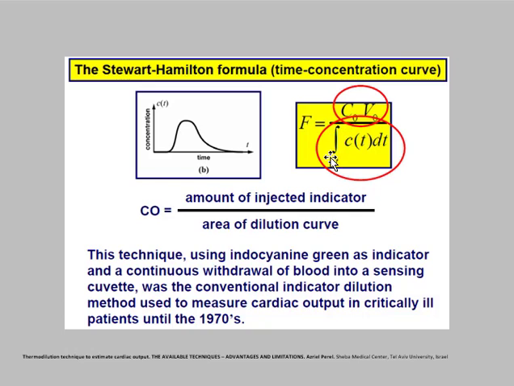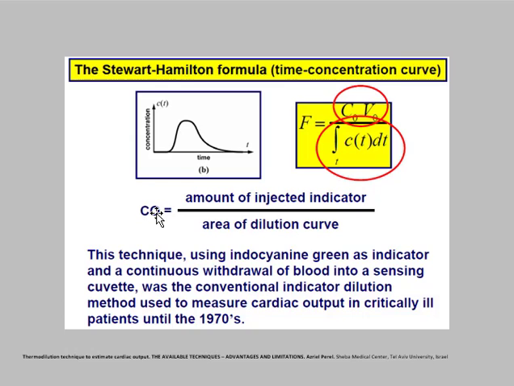And you all know that the integral of an equation generates a value equivalent to the area under that curve. And because that area under the curve is in the denominator, the flow is indirectly proportional to the area of the dilution curve, meaning it is proportional to 1 over that area.